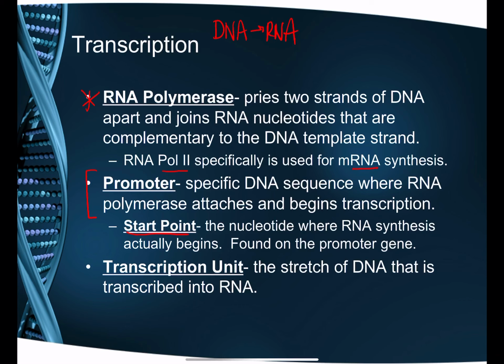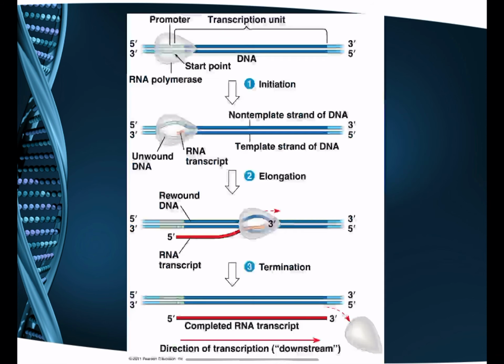So that's the whole recipe that we're copying down here. We see here this transcription unit. We've got our start point, and then this polymerase here is binding to this green little sequence called the promoter region. Now, that's of our DNA.